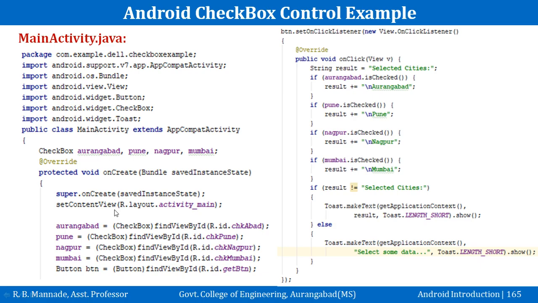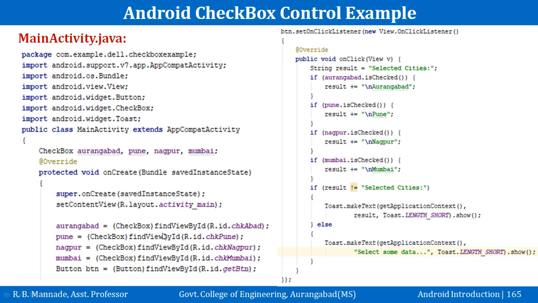Okay, and then the next step is, whatever checkbox objects we have declared here, we have to initialize these objects with the definitions which we have defined in the .xml layout file, and this is achieved using the function or method called findViewById. Okay, so Aurangabad is the object of type CheckBox.